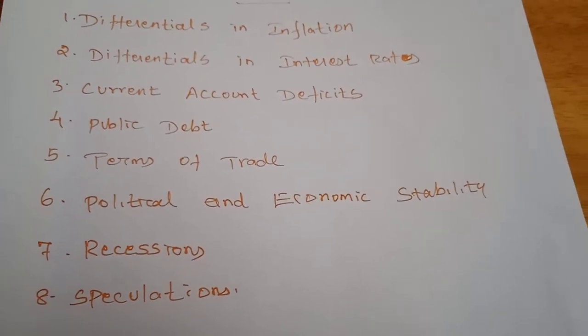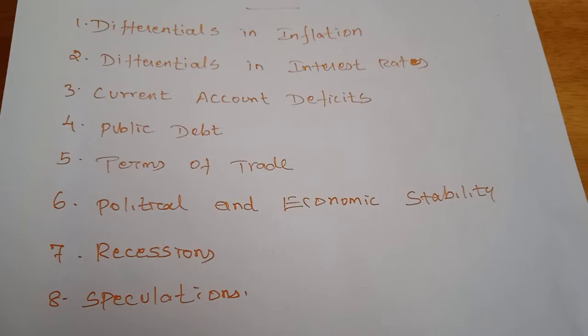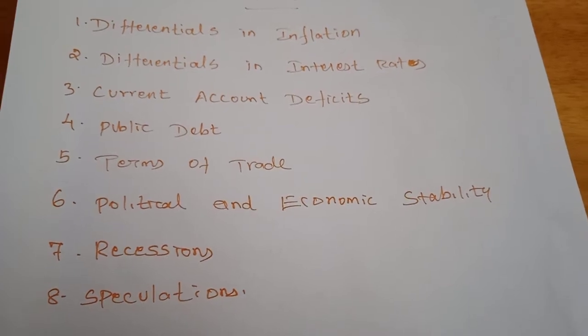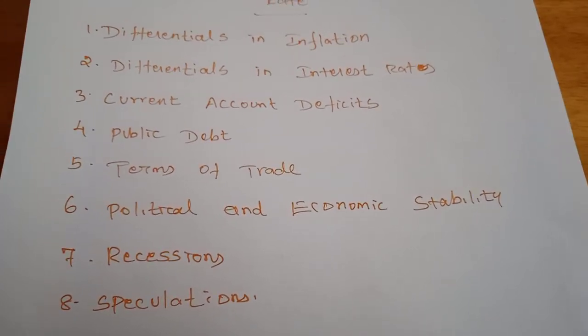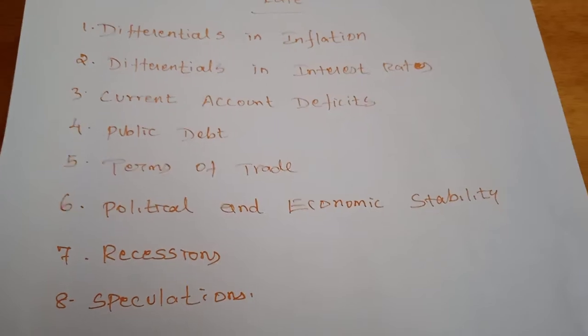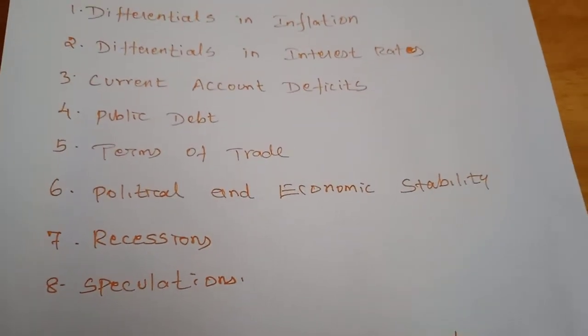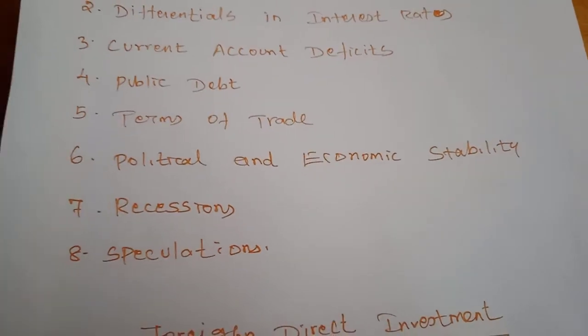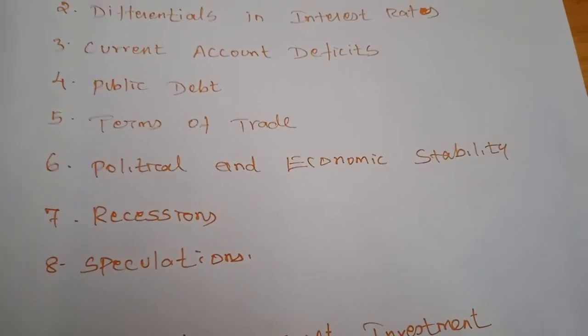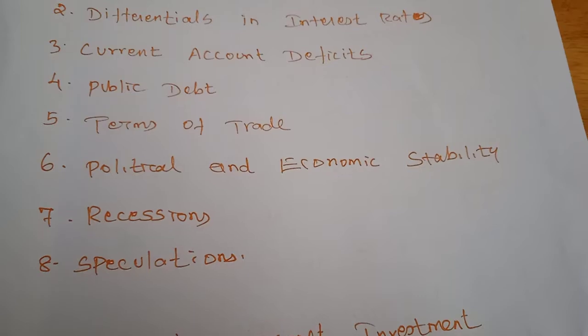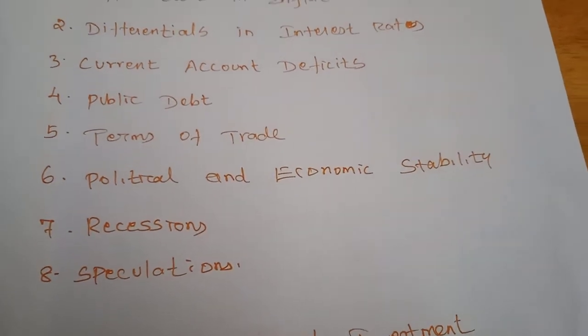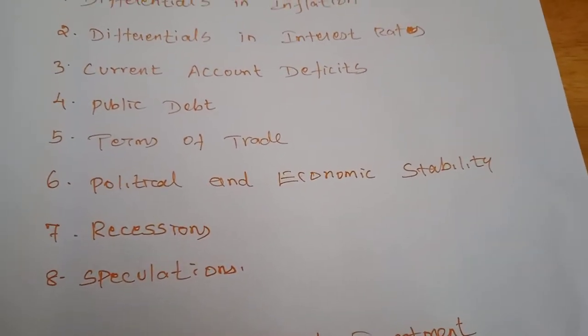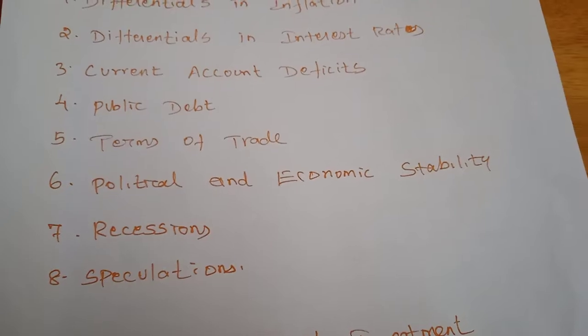When a ruling party makes rules favorable to international trade, it will be good. But if the political situation suddenly changes and economic stability falls, the exchange rate will come down.